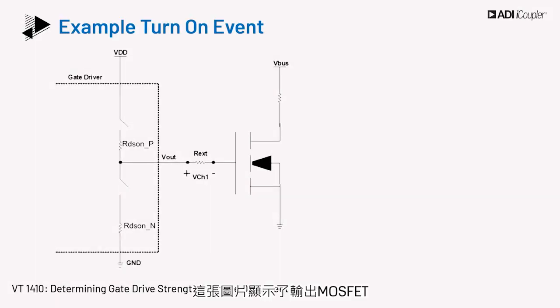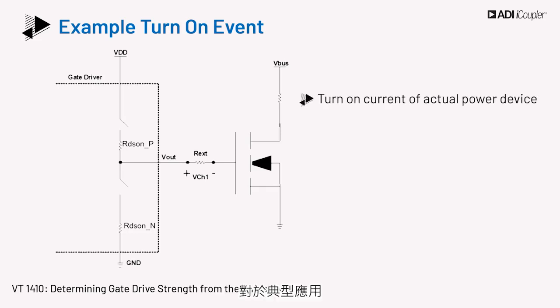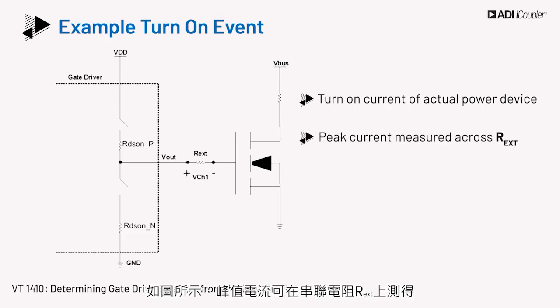This image shows the output MOSFET, which is the usual configuration of the gate driver output stage. For a typical application, series gate resistors are used to control the slew rates and for thermal management of the driver IC. In the figure shown, the peak current is measured across the series resistor, R_EXT.